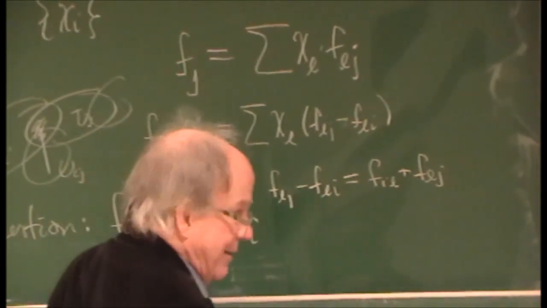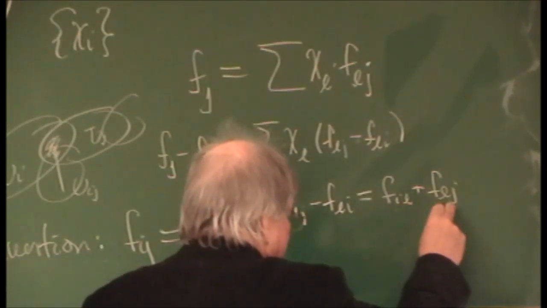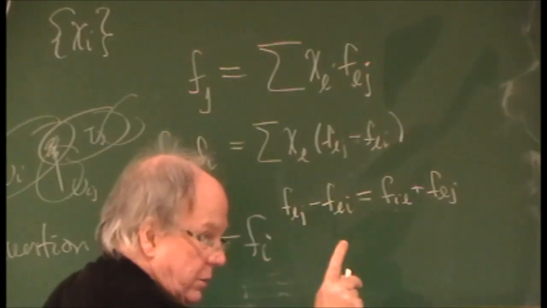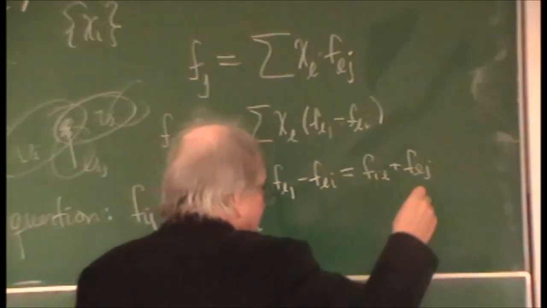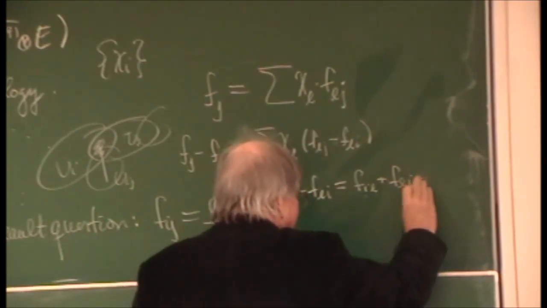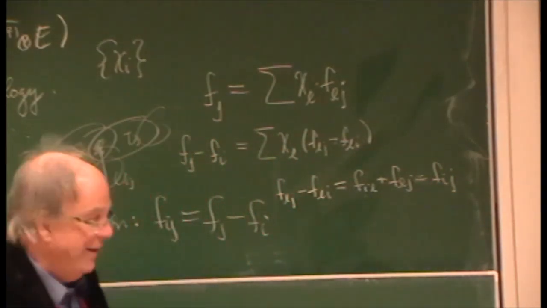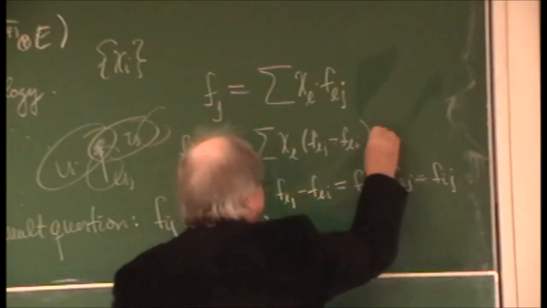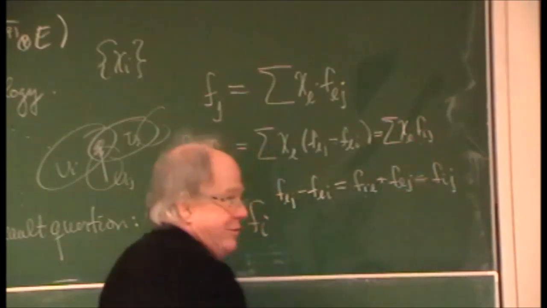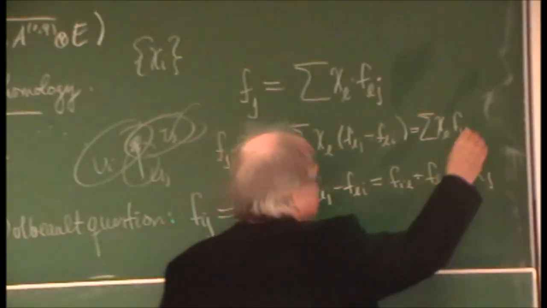I've got the wrong sign, I think. As you know, if I add Fil plus Flj plus Fji, I get 0 because it's closed. So unfortunately, this equals, what does, oh no, I lucked out. This is equal to Fij. So this is the sum of chi_L times Fij, but Fij has nothing to do with L. L runs over a partition of unity, the sum is 1, so this is Fij.